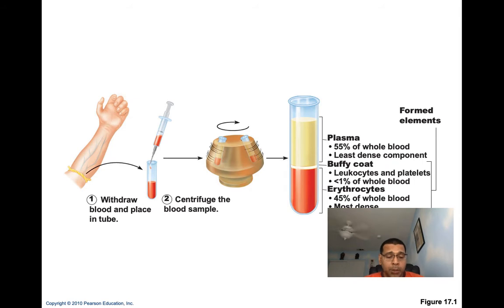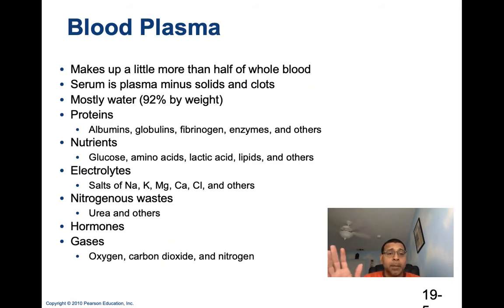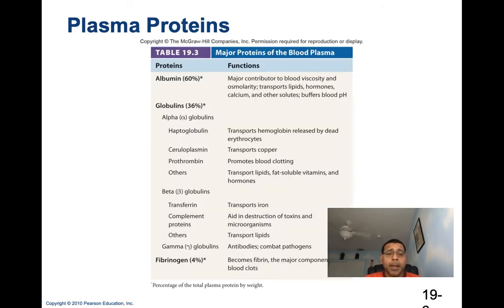Now, when we talk solutes, first solute we want to talk about here are going to be proteins. Now, when we talk proteins, let's move slides. So here we can see blood plasma, the components of blood plasma. We're going to go through those here now. So we can use this image here. Now when we go through and we talk about proteins, proteins you can see are going to be, first of all, the most abundant solute.